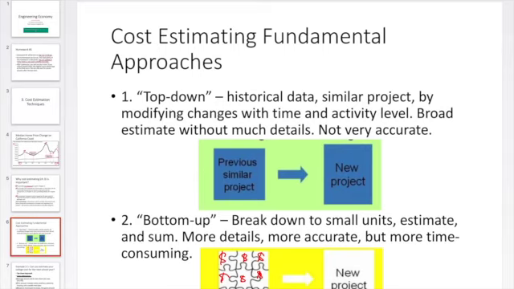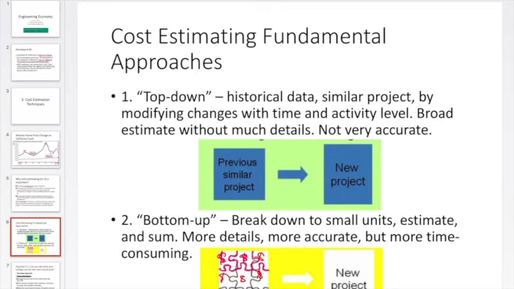And the second approach is called bottom-up. The bottom-up approach is to break down one project into small units, and you estimate each single unit, just like in this graph. Okay, so you break this down into different parts, and then you estimate the cost for each part, and then you sum them up.